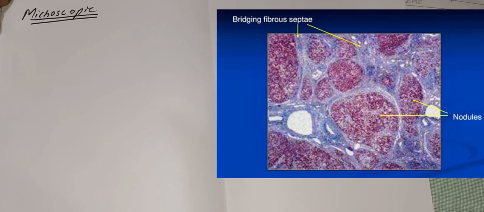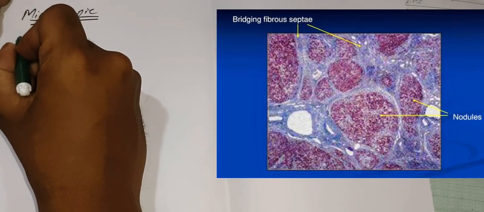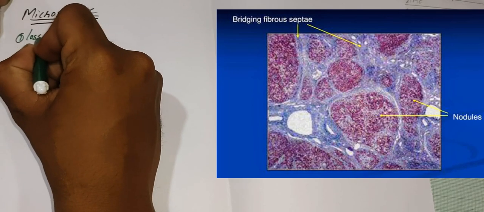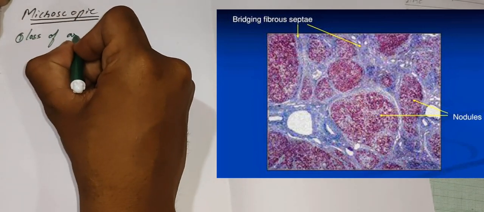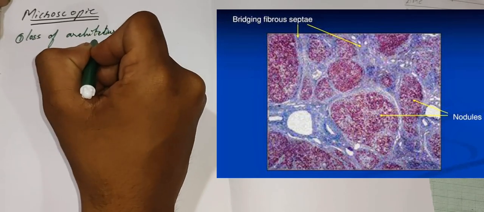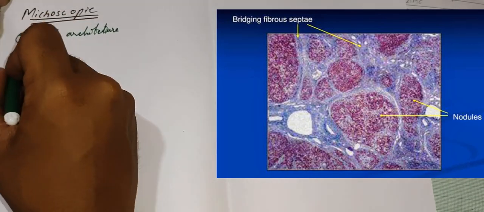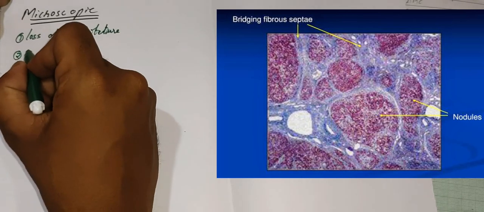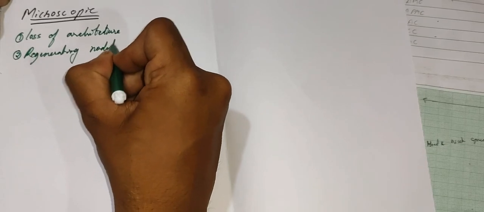Microscopic features of cirrhosis. The first one is loss of architecture. The normal hepatic lobule architecture is lost. And you will be seeing regenerating nodules.